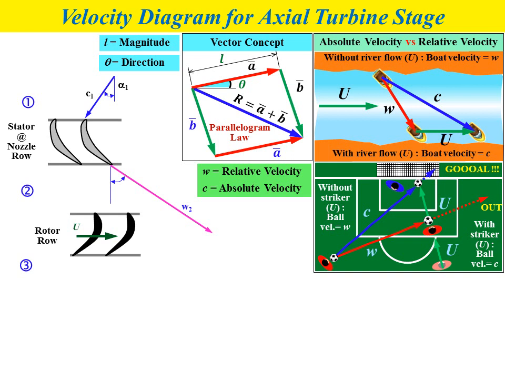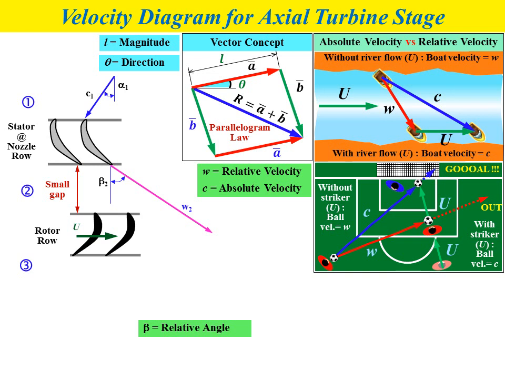In terms of angle, the angle of the relative velocity vector is represented by beta, and we call beta the relative angle.